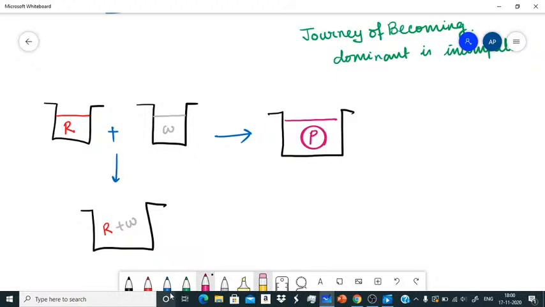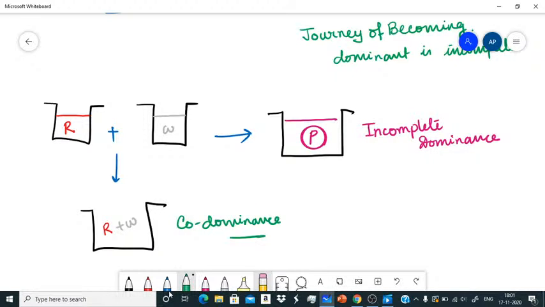Now if this is becoming pink, then that situation is called incomplete dominance or intermediate dominance. And if both red and white are present together in the resultant mixture, that will be called codominance. We learned about codominance in the last part, right? The immediate last, isn't it?